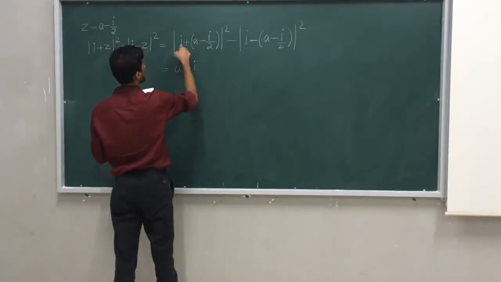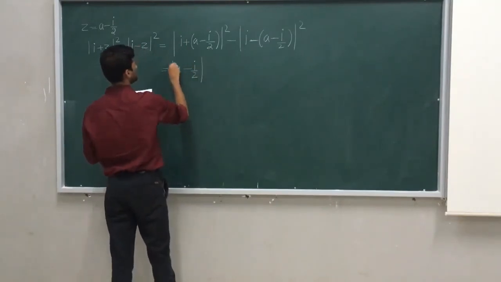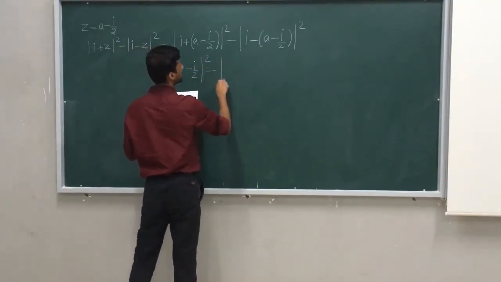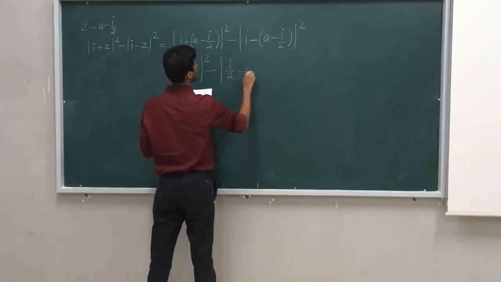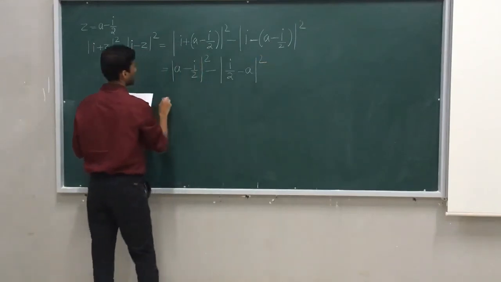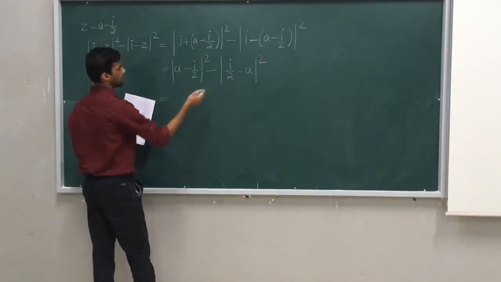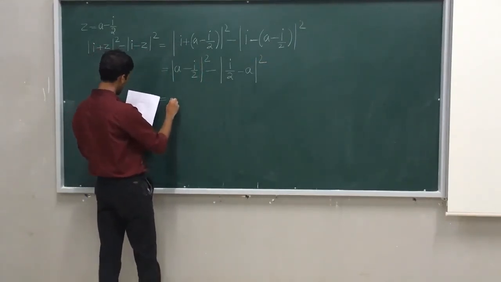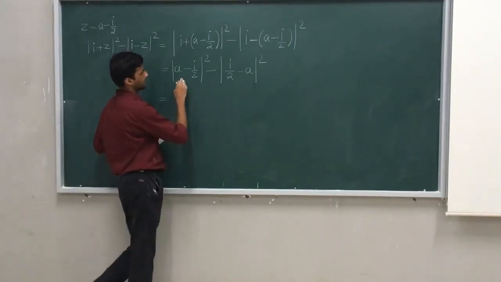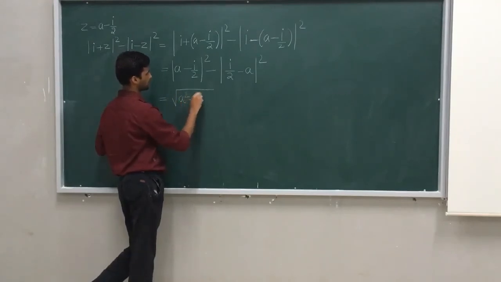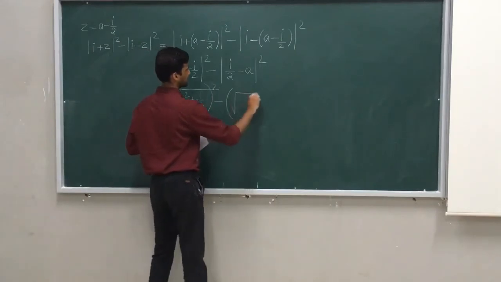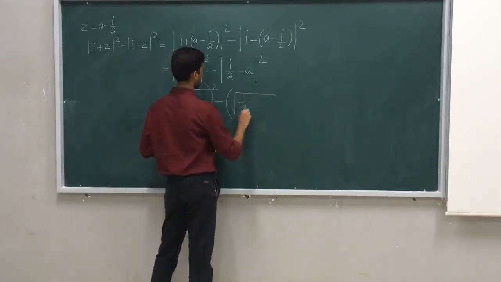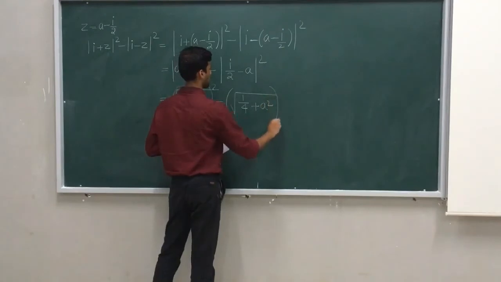It is mod of 2i minus i by 2 whole square minus mod of 2i minus i by 2 minus a whole square, which is nothing but mod. So mod means it is a square root of a square plus 1 by 4 whole square minus square root of 1 by 4 plus a square the whole square.